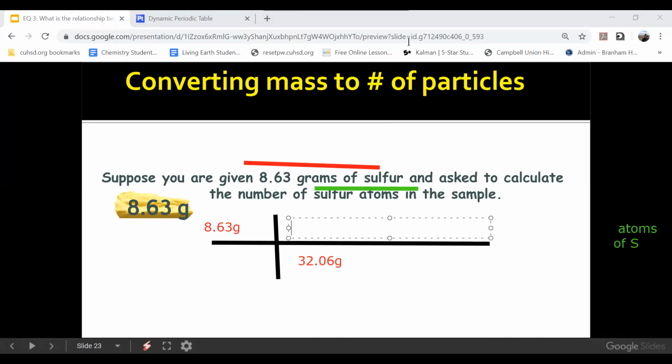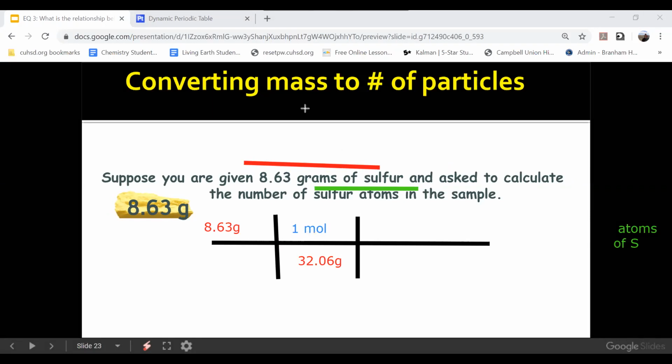And I'm going to use a different color. Let's use blue. So for every 1 mole. And then we're going to have to check to see if this is what we want. Is this number of sulfur atoms? No, our units are moles. Our grams are now gone, so we don't have to worry about grams.